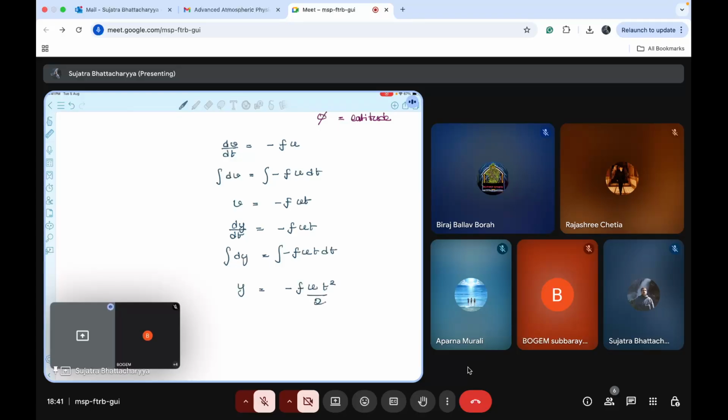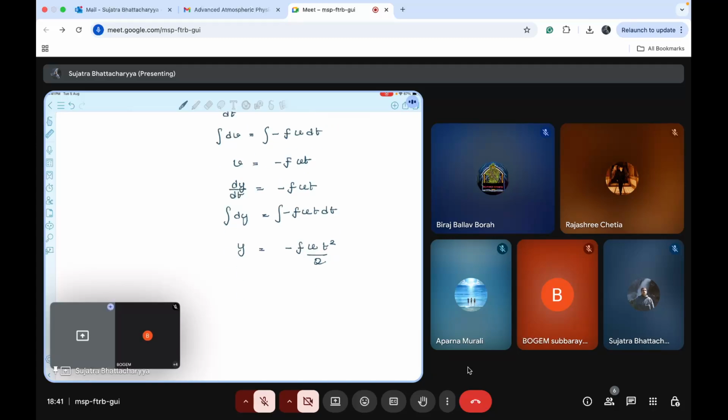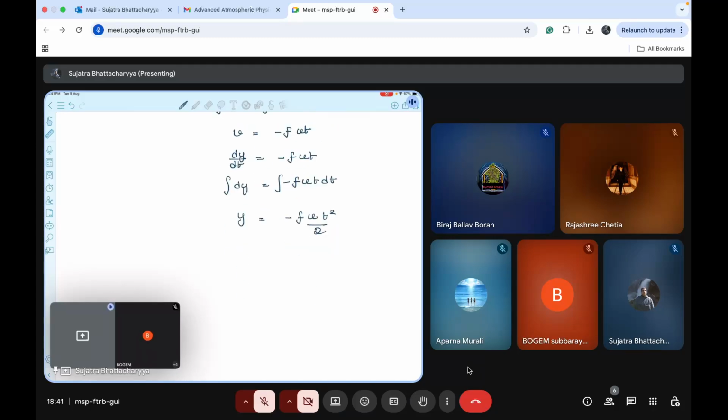So 2 will cancel. Phi is given as 30 degrees, latitude angle is 30 degrees. Sine 30 is half, right? So minus omega by 2.